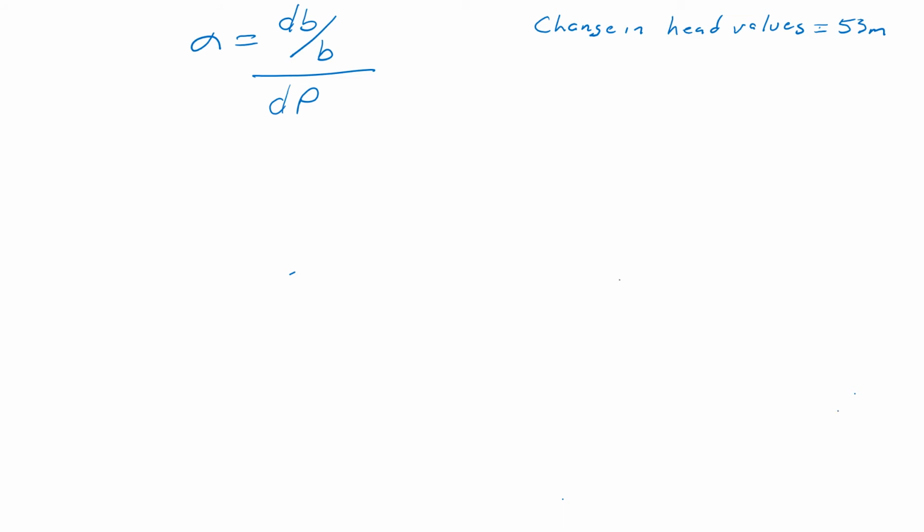You know the compressibility, which was, I think we used 1.8 times 10 to the minus 8 meters squared per Newton. What else do we know? The original aquifer thickness. So we know B was 45 meters.